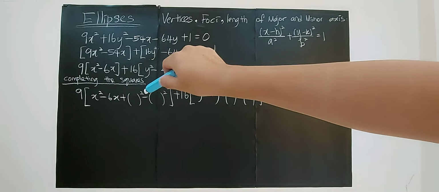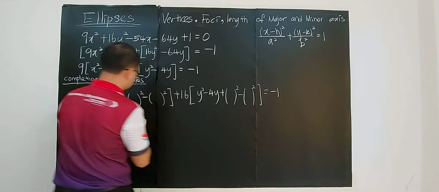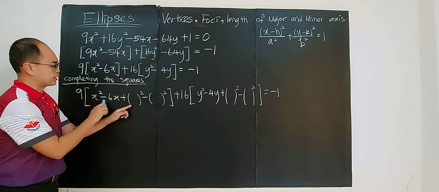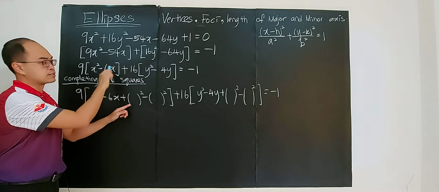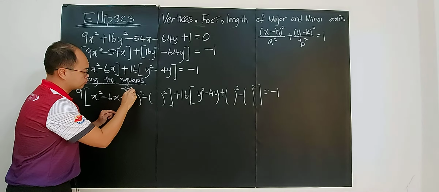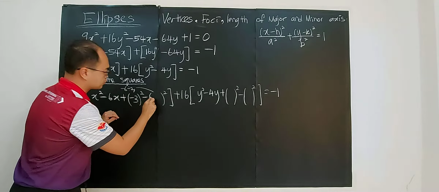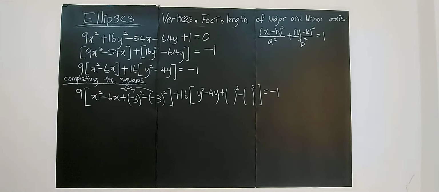x square minus 6x, adding the square. So what is the number inside here? It's the b, right? The negative 6 divided by 2. I take negative 6 divided by 2 for both of these, which gives me negative 3. And this also I get negative 3, right?